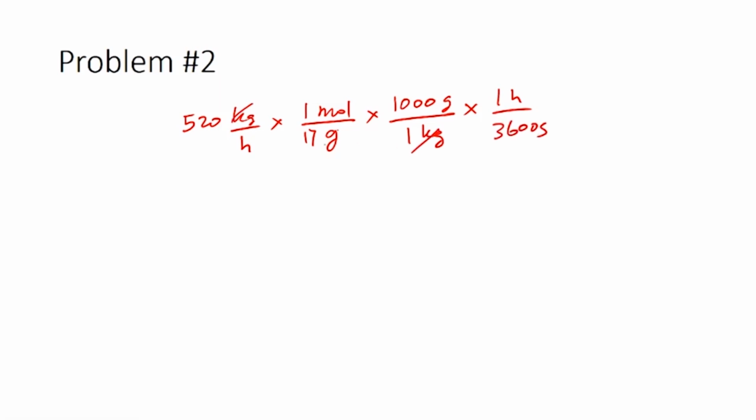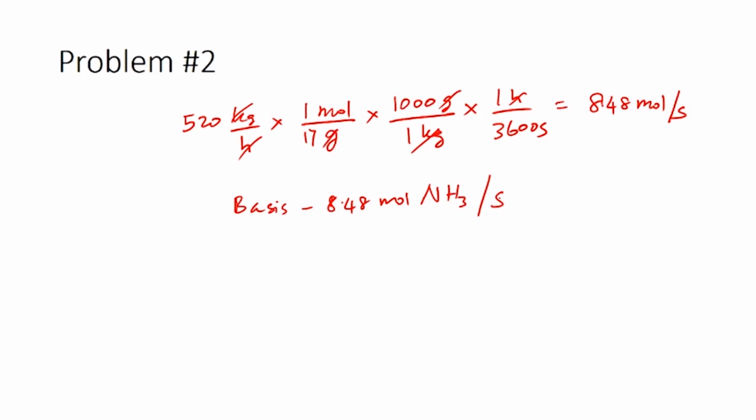Now, kilograms get cancelled, grams get cancelled and hours get cancelled, and you would end up with moles per second. The moles of ammonia which is coming in is 8.48 moles per second. So, the basis for this problem would be 8.48 moles of ammonia per second.